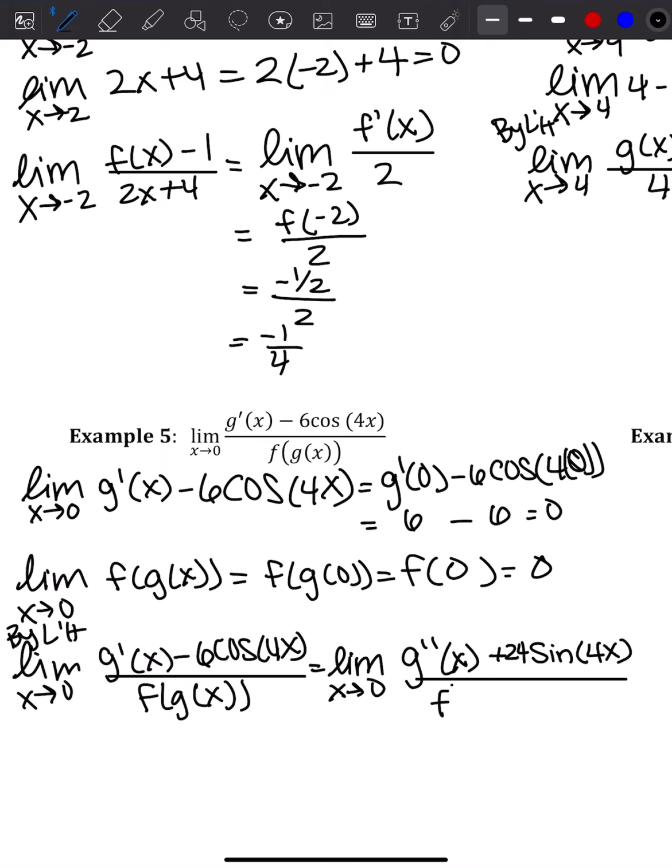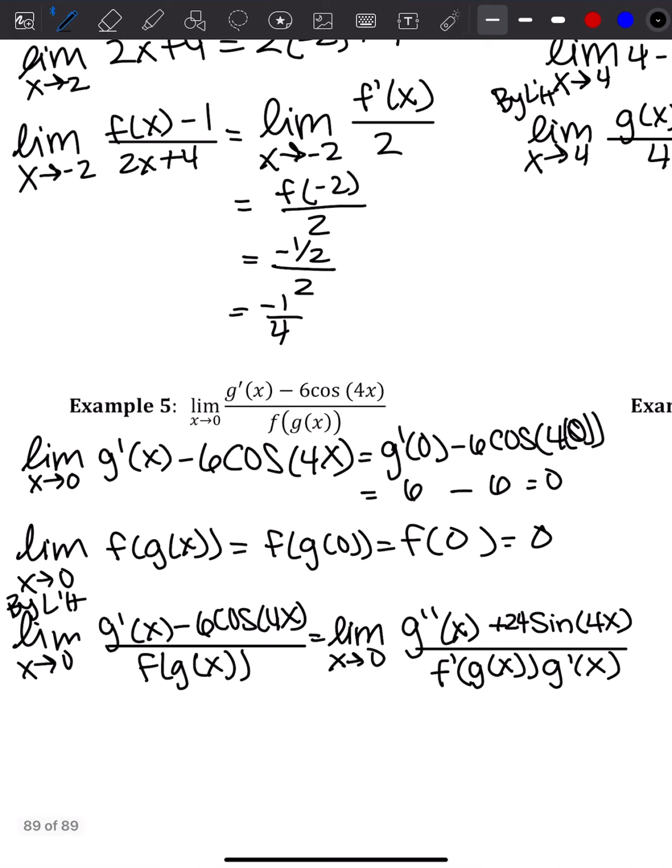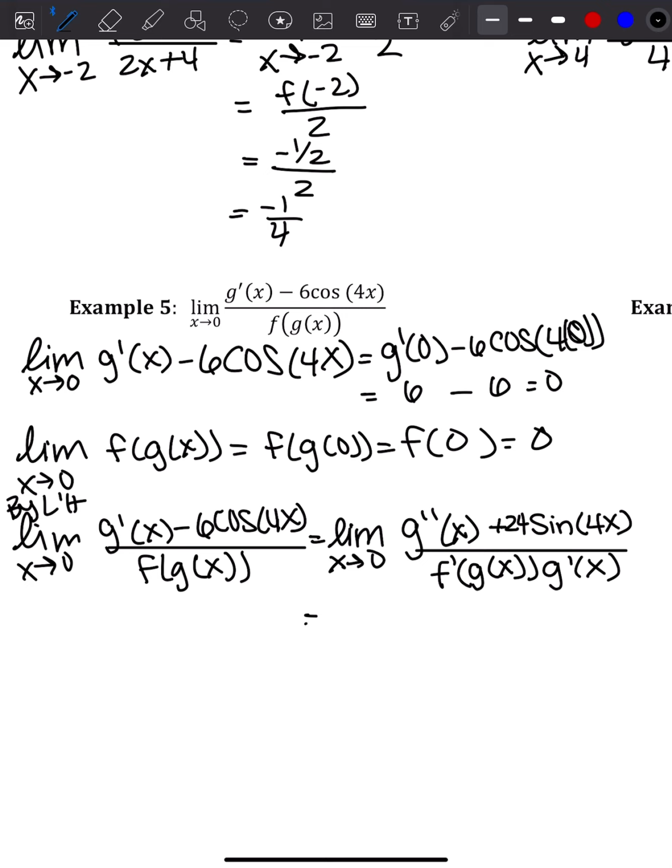Derivative of f of g of x is chain rule, so f prime of g of x times g prime of x. And we're going to go ahead and plug in 0 for all of it.